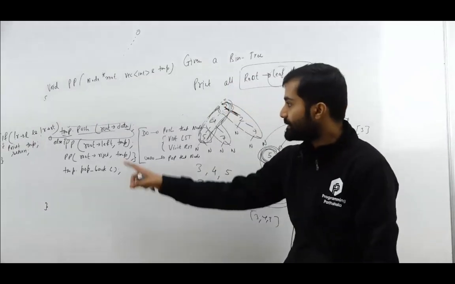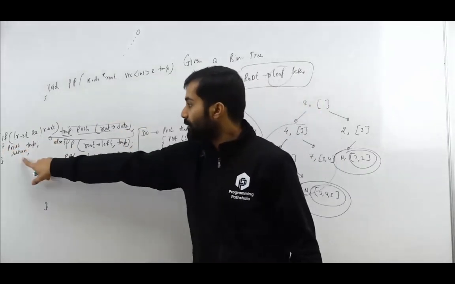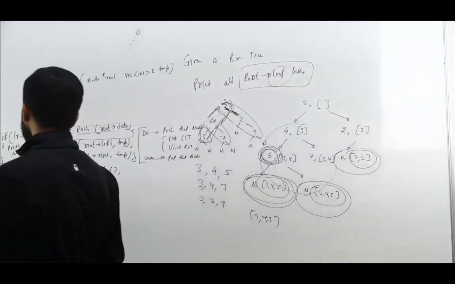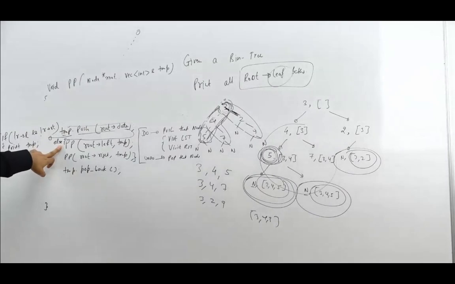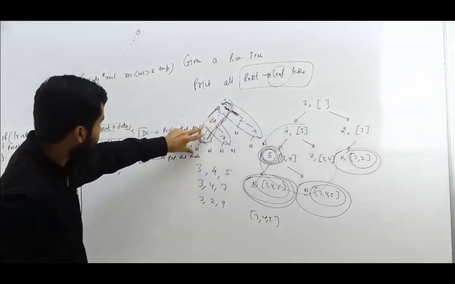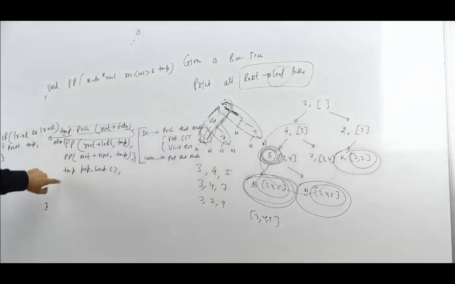If it is a leaf, then you are printing the contents of your temp, and then you are just returning. In fact, this return would not be needed over here because you eventually have to pop back as well. You just print the contents of your temp. Otherwise, you are doing these two things. So if you are at a normal node, you push it and then you make a call to left and right. That is what you are doing over here. And then you are popping back.